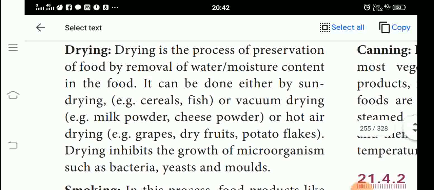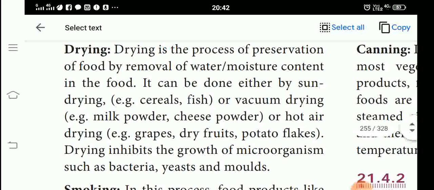The moisture present in them will be removed by the sunlight. So with the help of drying, we can dry cereals and fishes. Fresh fish when dried will be converted into what? In Tamil we call it karuvadu. So that is the dried fish.